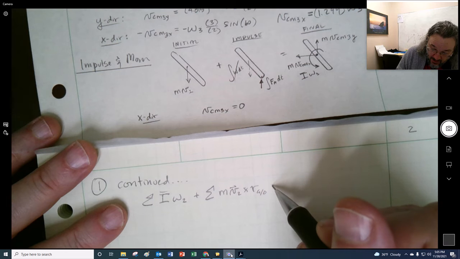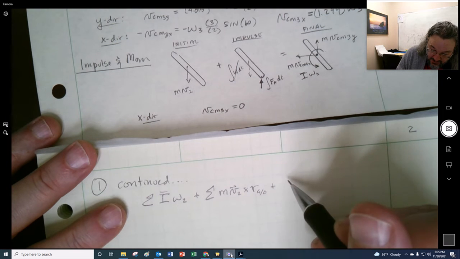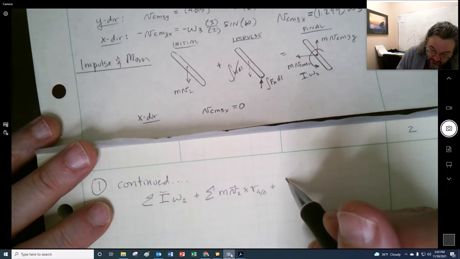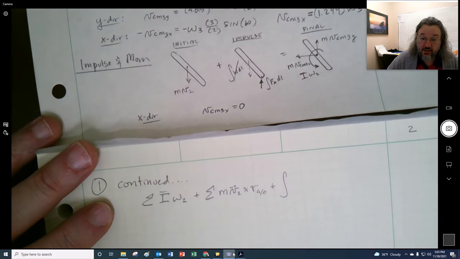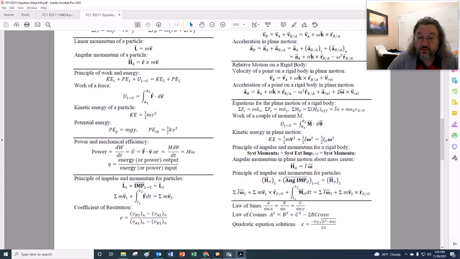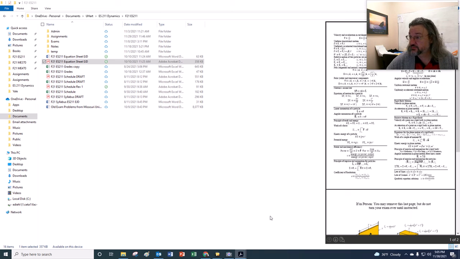And then plus integral. I think it has to be integral of M_O dt, and I'm not going to have enough room now to write the thing, but I'll go down to the next slide. Let me just move this over to the side.